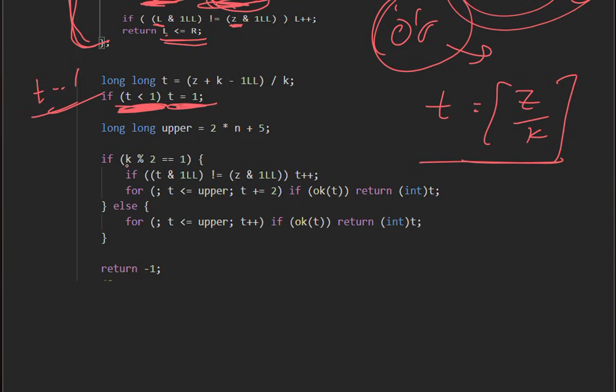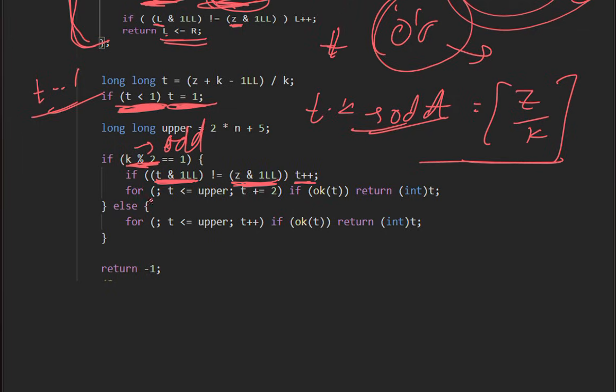Also here we are checking the parity of k. If k is odd, then t into k is also odd. If this is odd and the t and z parity is not equal, then we will be moving to the next t.